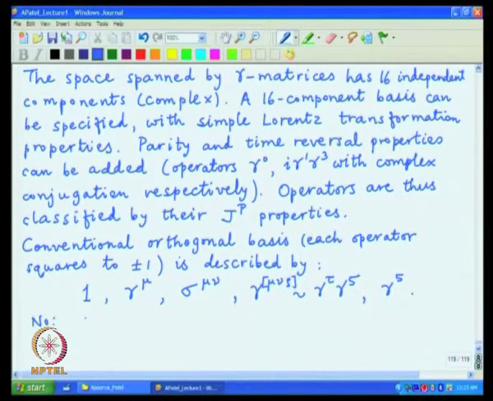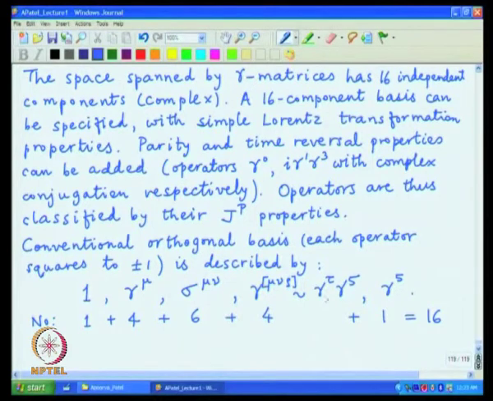there is 1, there are 4 here, there are 6 here, there are another 4 here, and there is 1 here, and they add up to the 16 components. Beyond this, any product of more than 4 gamma matrices can always be reduced to this form, either using Clifford algebra or using the definition of gamma phi.